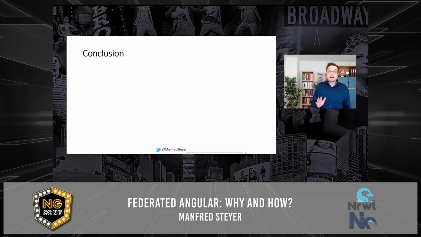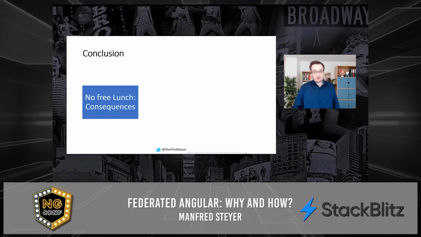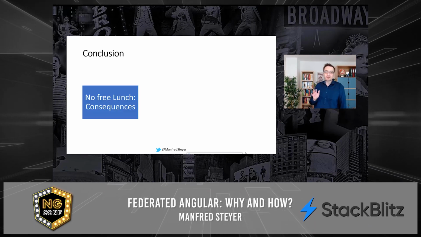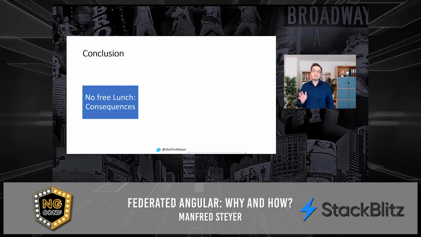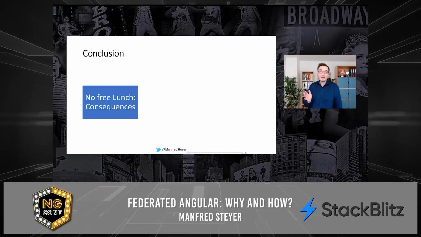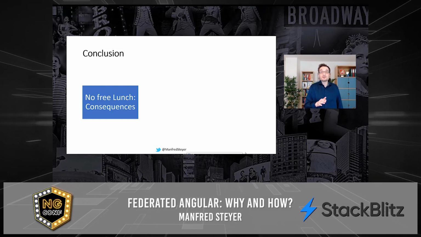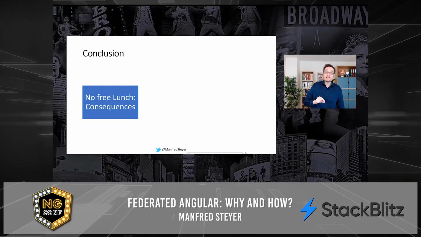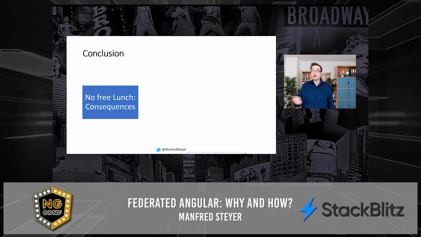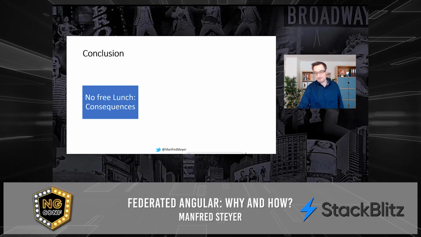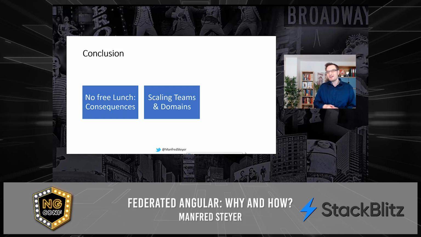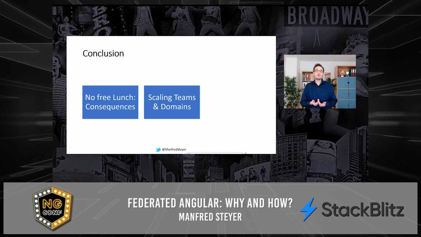Okay, let me come to a conclusion. So we have seen that micro-frontends are not a free lunch. They come with consequences and you really have to evaluate if the disadvantages are smaller than the advantages in your very situation. We have also seen that they are first and foremost for scaling teams.